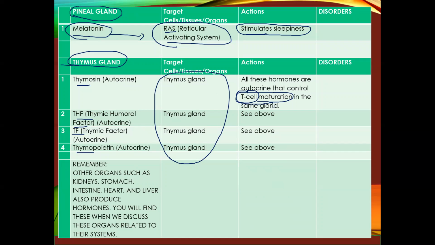And just for information, when we get older, the thymus gland actually becomes smaller. That's the reason why older people usually lose some of their immune system. The thymus gland becomes smaller, and then T cell maturation becomes slower, or there is less T cell maturation.